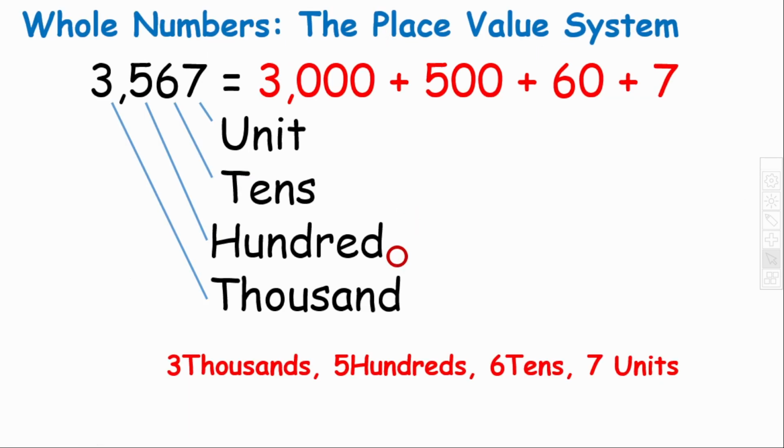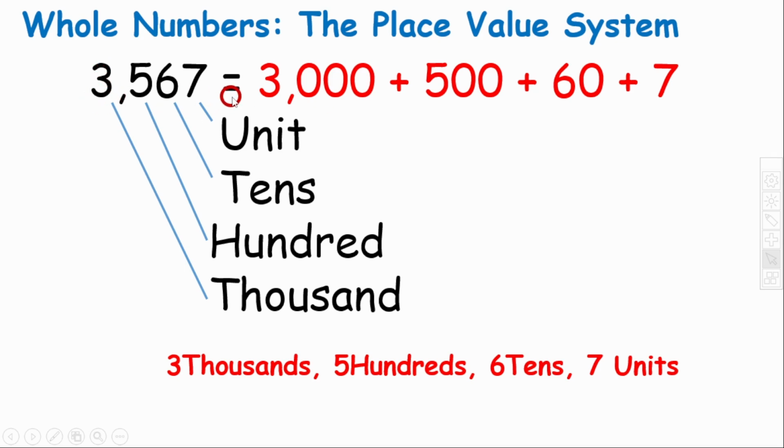Now let's focus on this particular example. We have 3,567, which can actually be broken down into a couple of numbers. You add some numbers together to get this number. Let's try to break it down. First, inside this 3,567, we have 3,000. How did you get this 3,000?